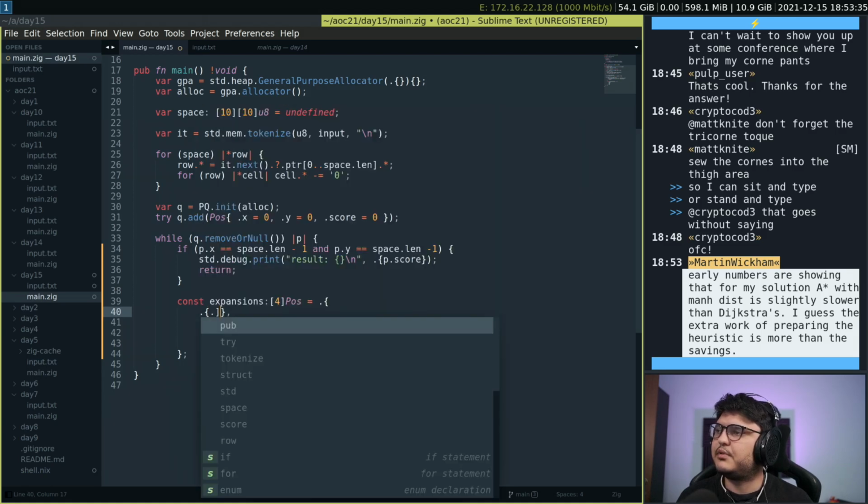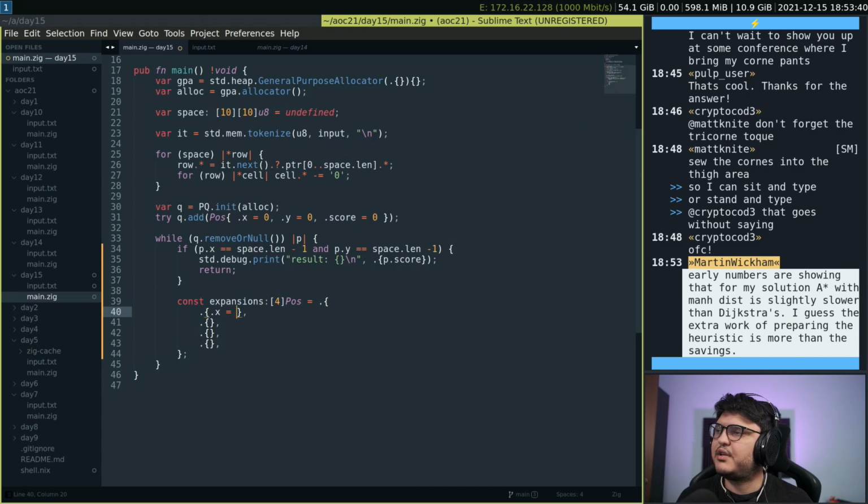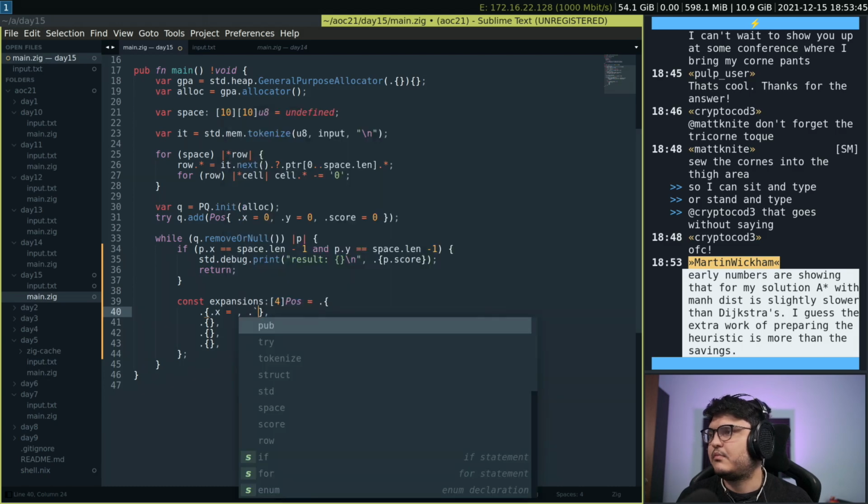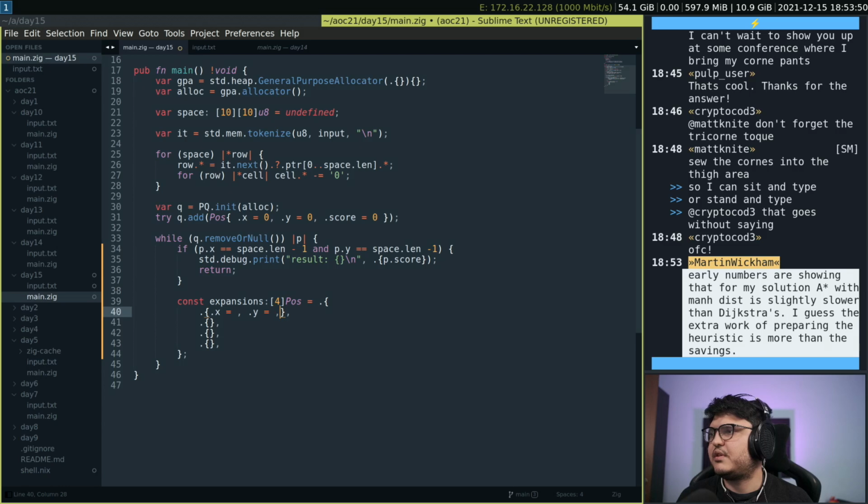So x equals, .y equals, and then .score equals, and actually this is what I should be copying. So okay, here's what I learned.